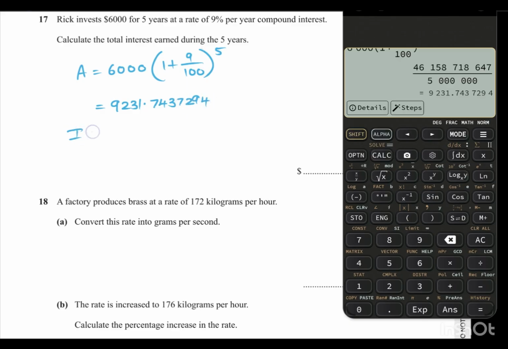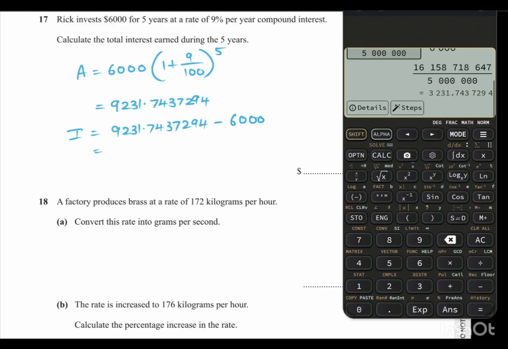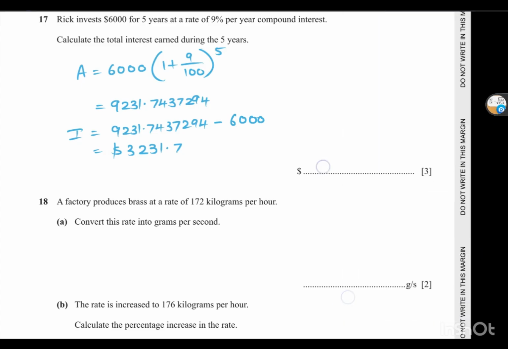From this you'll find out the interest. So subtract 9231.7437294 minus 6000. That is 3231.743. So I'll round it to one decimal place, so 3231.7 will be the answer. Question number 17 is done.